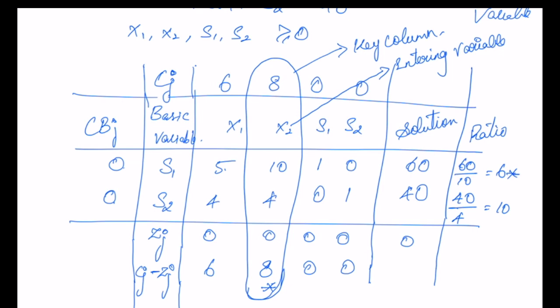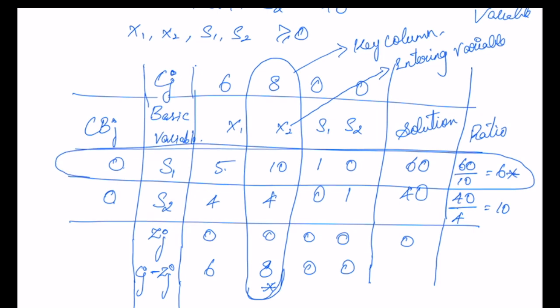Okay, so the row that contains the 6, this row is said to be key row. Key row. And this element S1 will be leaving variable. So the first row, this is the key row and this one is the leaving variable.